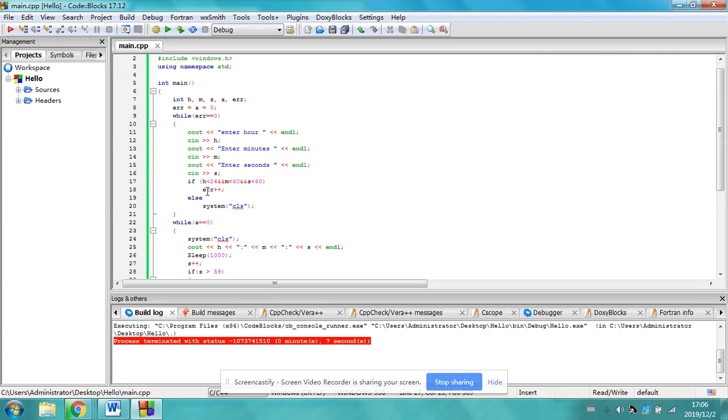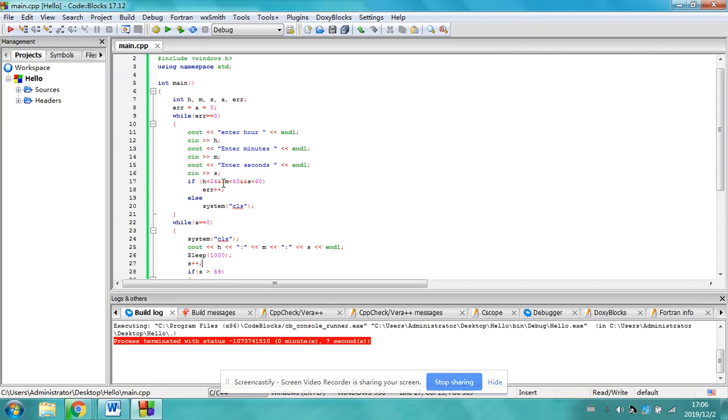Okay, now on to the next thing. If H is smaller than 24 and M is smaller than 60 and S is smaller than 60, ERR increases, else system CLS. While reading this line, I'm beginning to get a grasp of what CLS and what ERR could mean. Okay, but never mind.